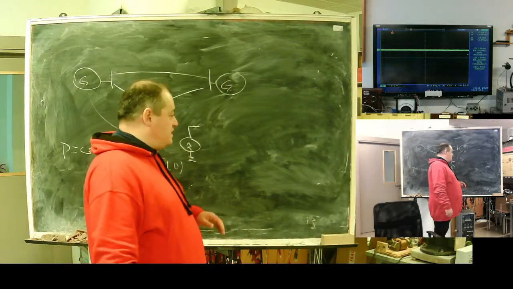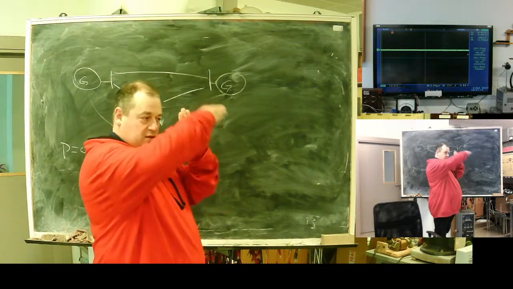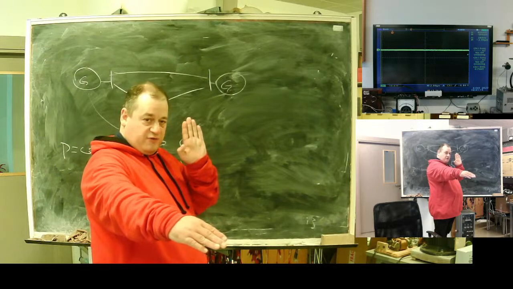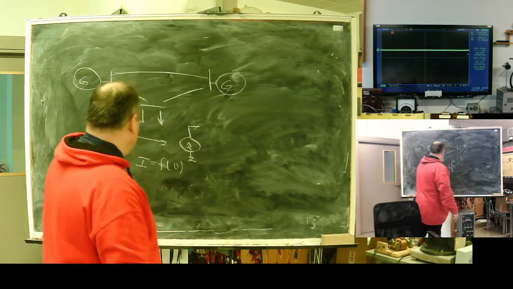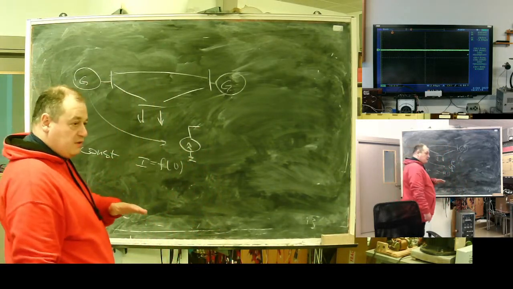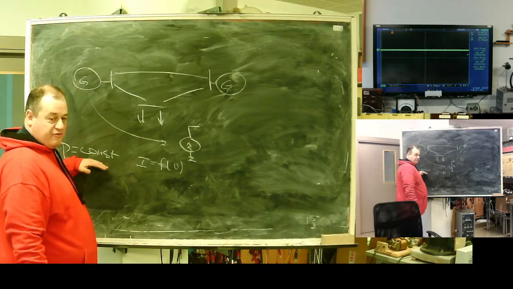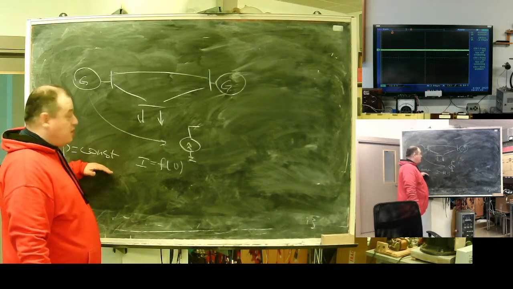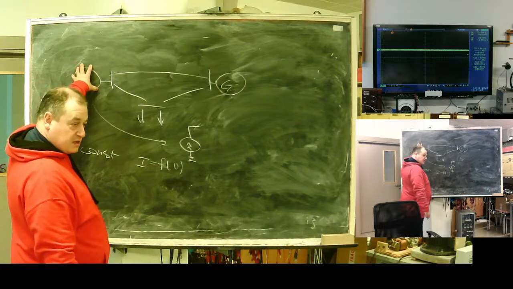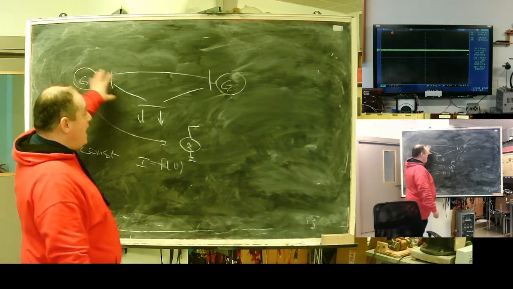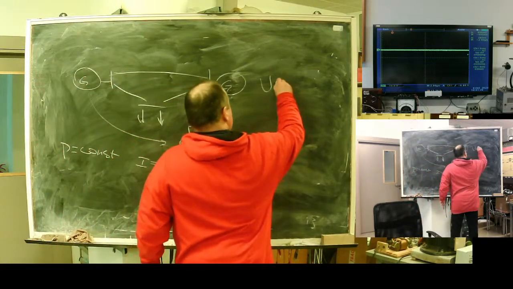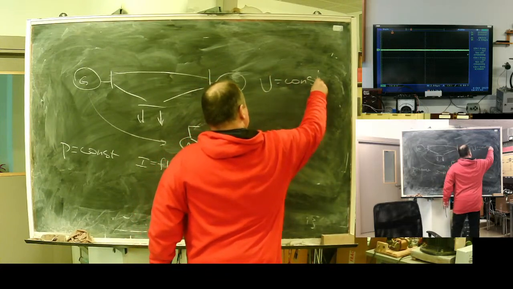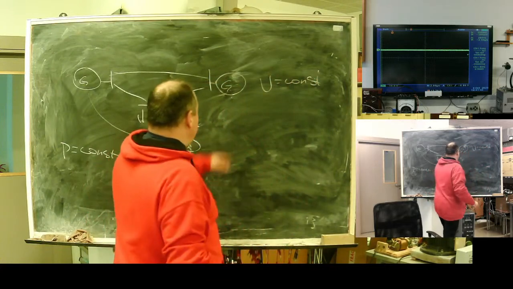So in this case it will be U, but U as a function of current. Okay, at this point constant power is enough for us. So this station is controlled by power, and this station should keep constant voltage, and it will be reflected.